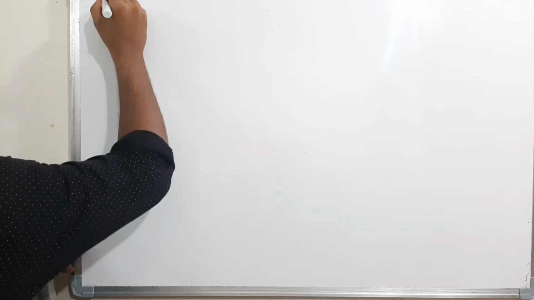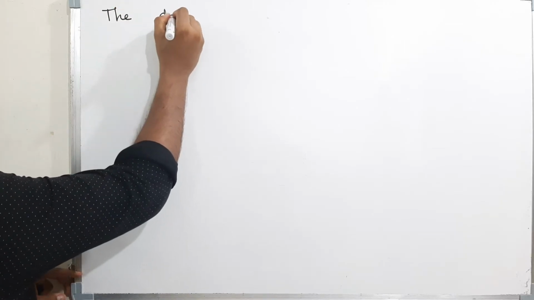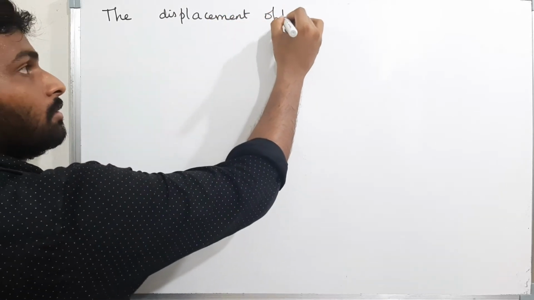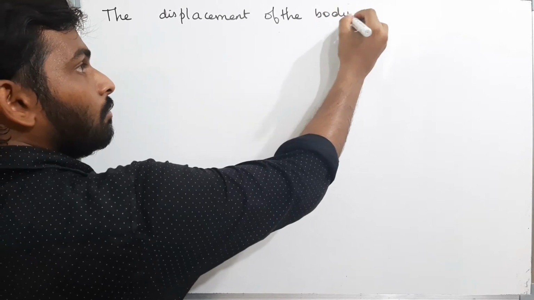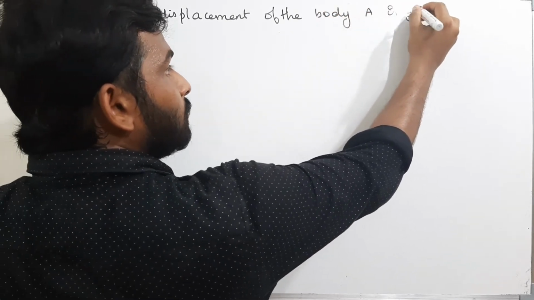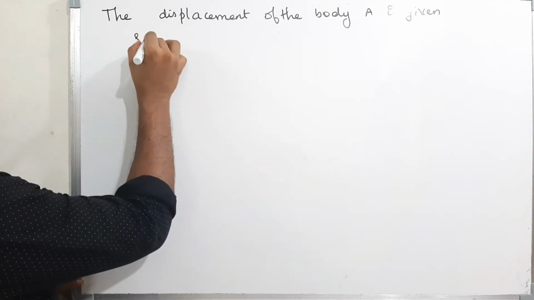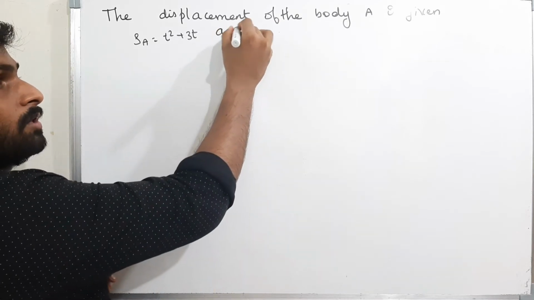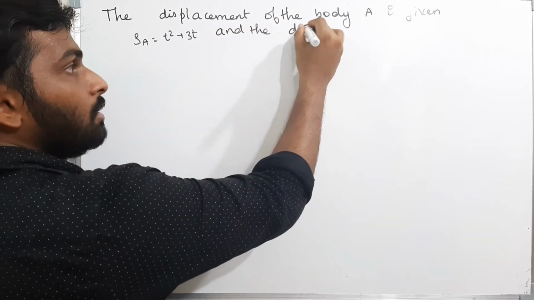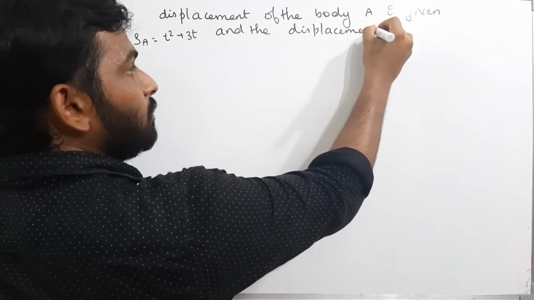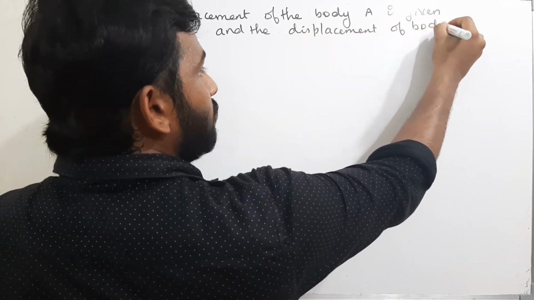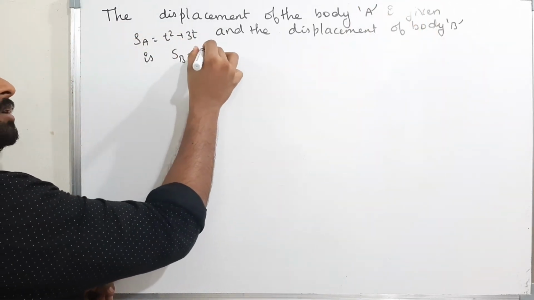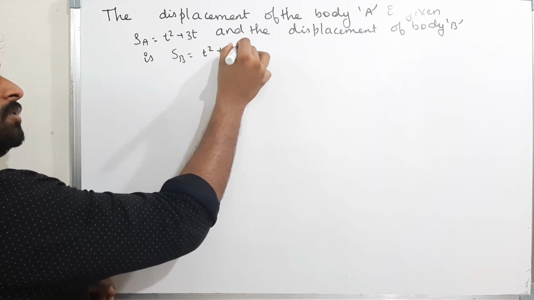Okay, now see here. The displacement of body A is given by SA is equal to t square plus 3t, and the displacement of body B is given by the equation SB is equal to t square plus 2t.